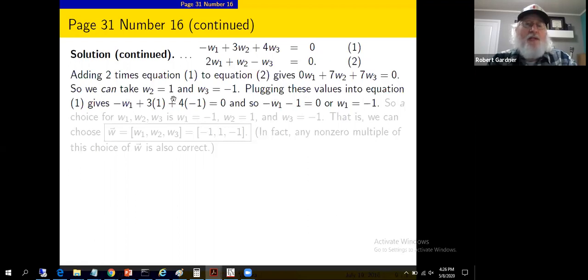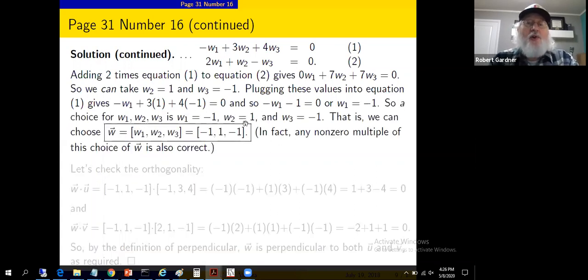If we plug w2 equals 1 and w3 equals negative 1 back into one of these equations, let's use equation 1, that leaves us with just one unknown, so we can solve for w1, and we'll get w1 equals negative 1. So let's try w1 equals negative 1, w2 equals 1, and w3 equals negative 1. That'd give us this vector, negative 1, 1, negative 1.